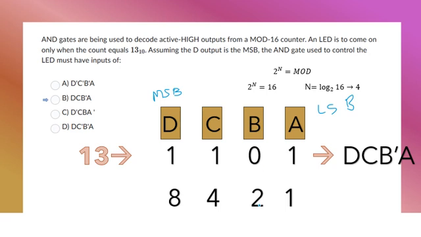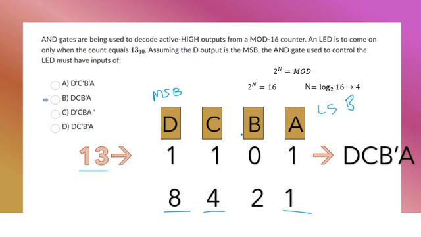We don't have a 2 because we're making 13 in decimal. 8 and 4 give you 12, and then 1 gives you 13. If you counted 2, it would be 15. So 13 in binary is 1101.